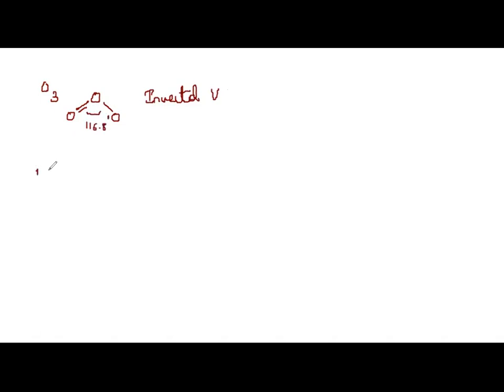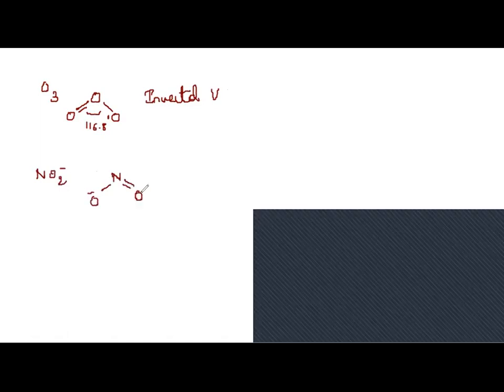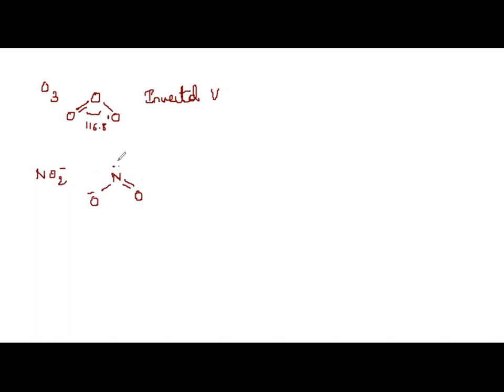Second option is NO2 minus. For NO2 minus, the structure has oxygen with negative charge, here double bond O, and there is a lone pair on this nitrogen. The bond angle here is 115 degrees. Next option is SO2.